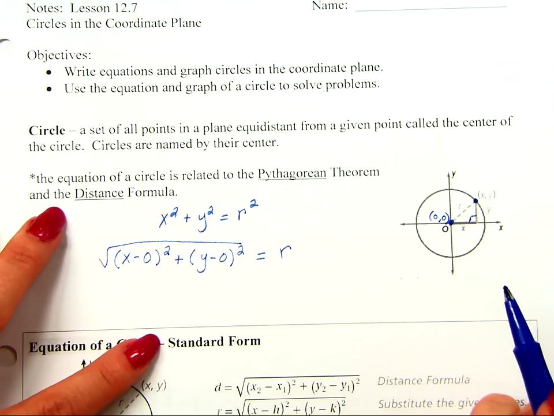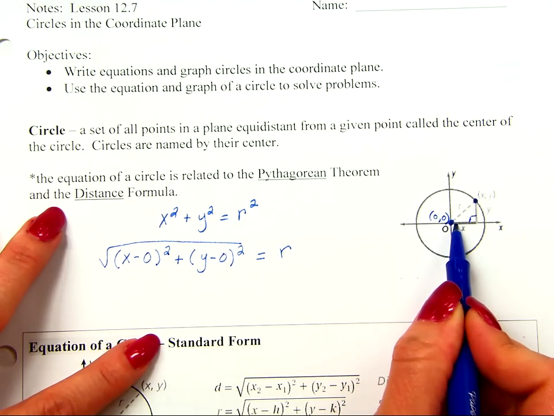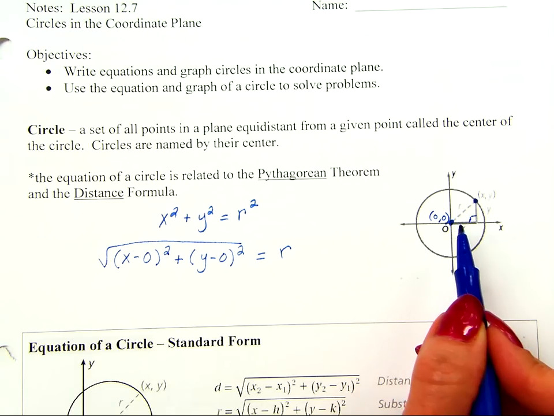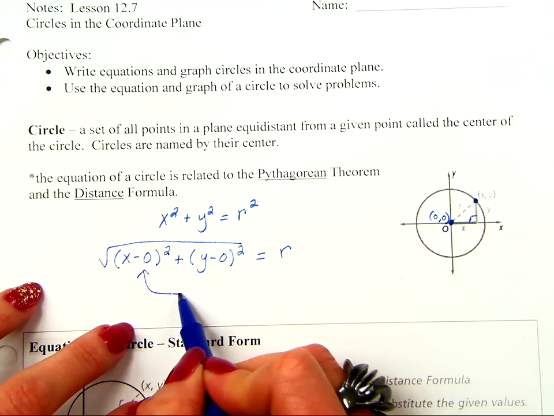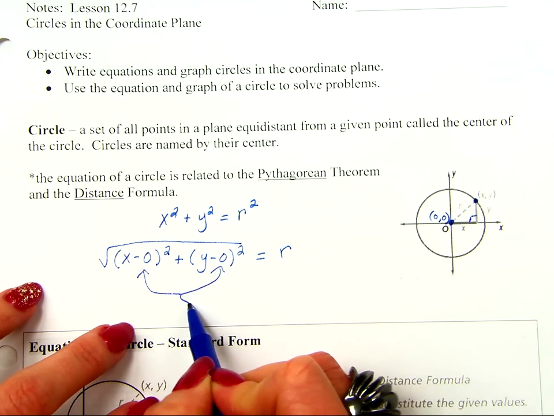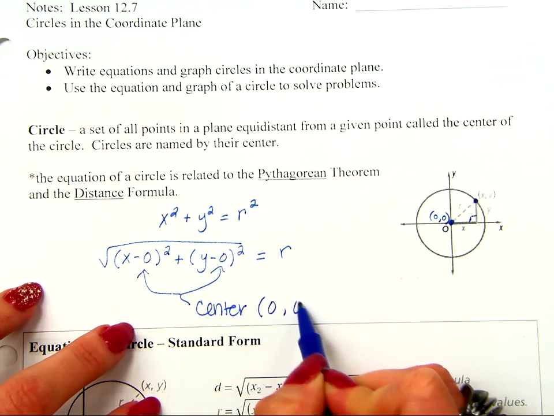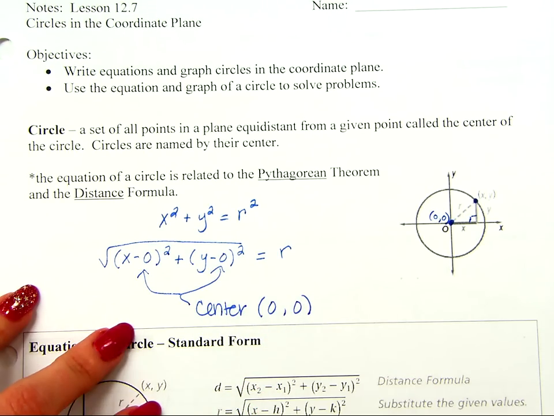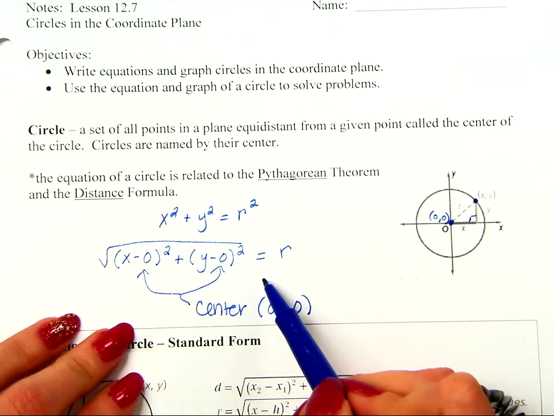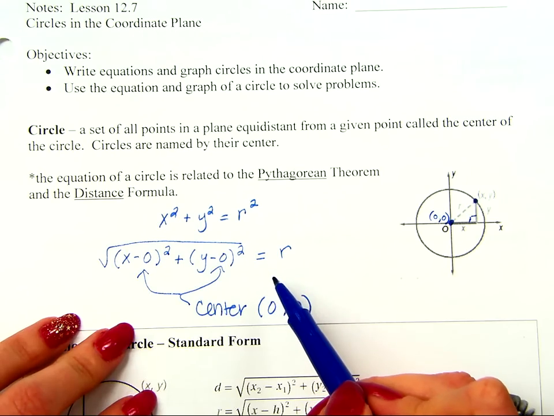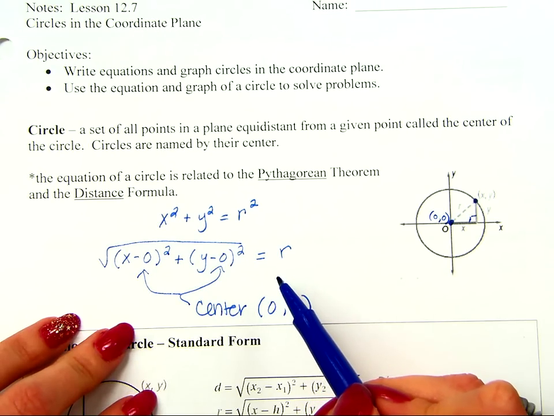And I want you to note here where my center point, where those numbers end up. Here and here, this is telling me I have a center of 0, 0. And the equation of a circle is going to look similar to this. The only thing is that they don't use the radical sign.